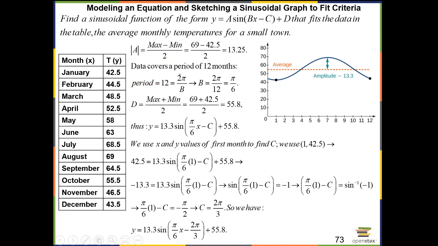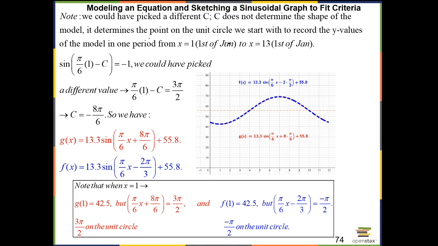We could have started with a different number. For example, we could have found a different value for C. So we could have said, okay, let this be equal to 3 pi over 2, because sine of 3 pi over 2 is also negative 1.